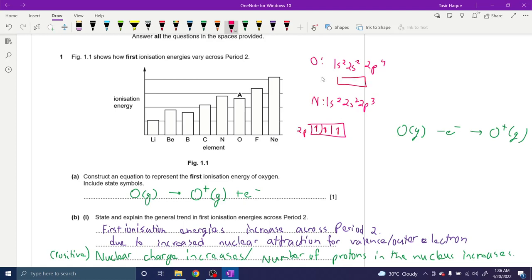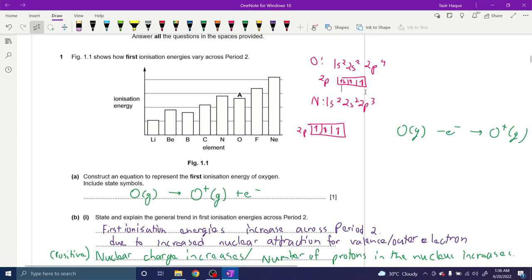What about oxygen? It has 2 electrons in one 2p orbital, or one p orbital. That's fine. If you just say p orbital, that's fine. But if you mess up, if you say something like 3p orbital, you're not going to get a mark, alright?